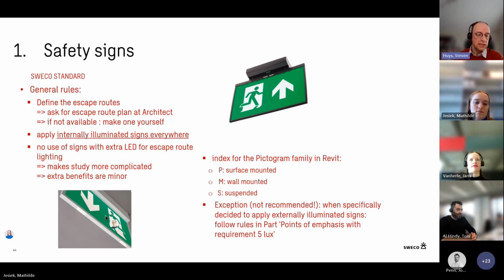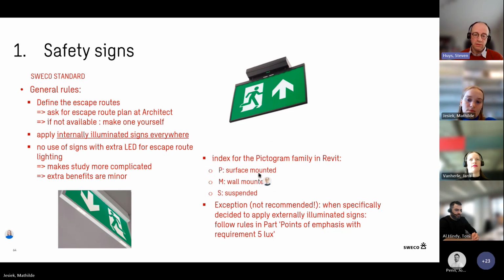And for each manufacturer it's different. Some have a good lens in it, some not that good. So we think it's not a good idea to apply these fixtures. Just stick to the ones that just have the safety signs.